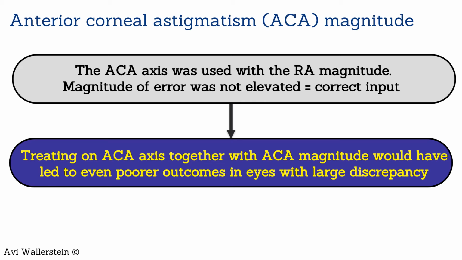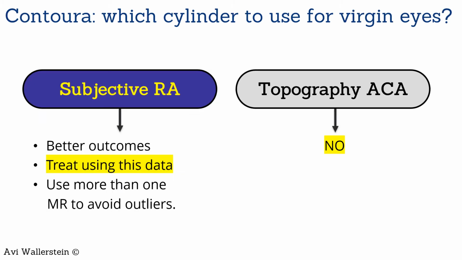Note that the ACA axis was used with the RA magnitude. Magnitude of error was not elevated, and so this was the correct input. Treating on ACA axis and also ACA magnitude would have led to even poorer outcomes because it would not account for posterior corneal astigmatism. So the answer is scientifically clear. Treat the subjective refractive astigmatism as in all other refractive surgery LASIK platforms.